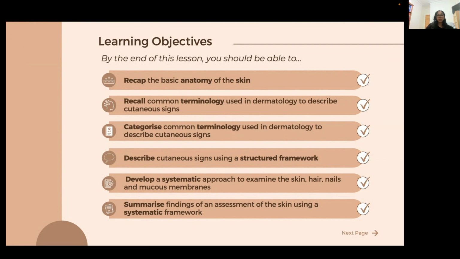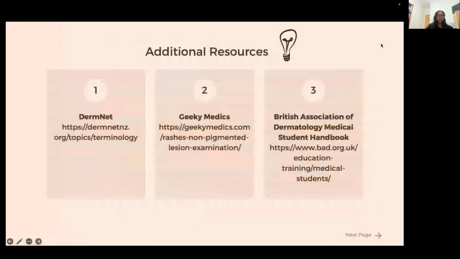We've spoken about what else we should look for in a systemic examination and how we would summarize that all together. And these are just some other resources that I think are quite useful for when revising how to describe skin lesions.